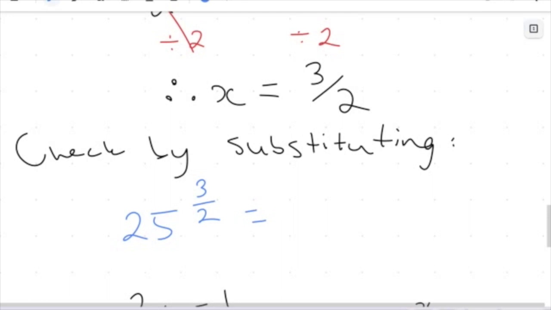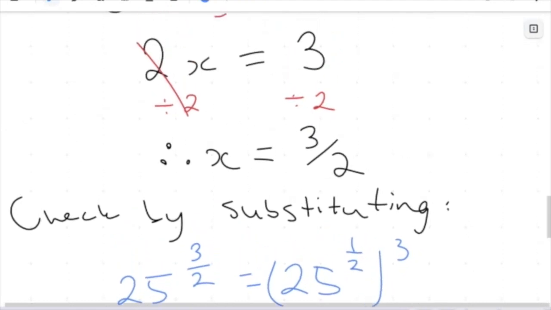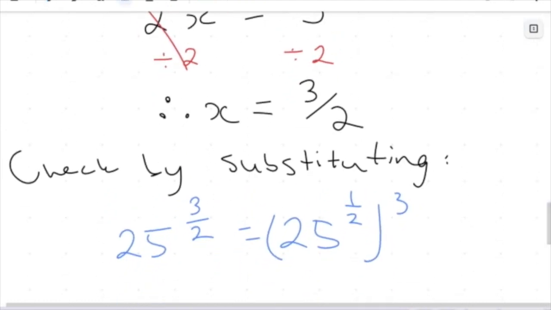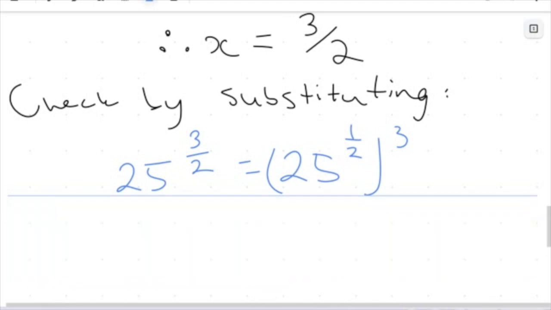Well, since we have a fractional index, I can write this as 25 to the power of a half, all cubed, because I'm pretty much just splitting up my 3 over 2 into 1/2 multiplied by 3. I'm making a product with these two numbers, but I'm just going in the opposite direction.